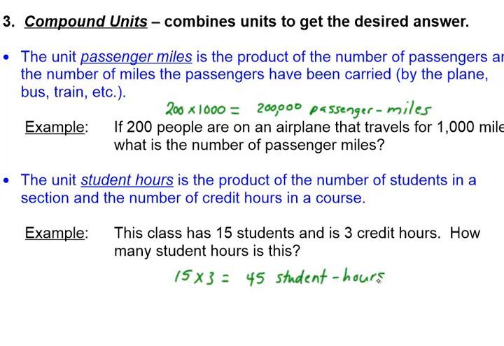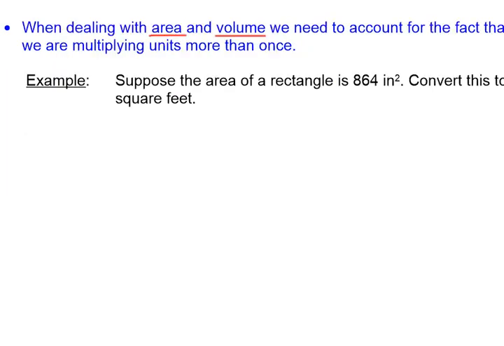hours. Okay. Another type of compound unit is dealing with area and volume. Now suppose we have this rectangle and it's 864 square inches. Let me draw this rectangle really quick so we can explain why it's a compound unit. So 864 inches squared.